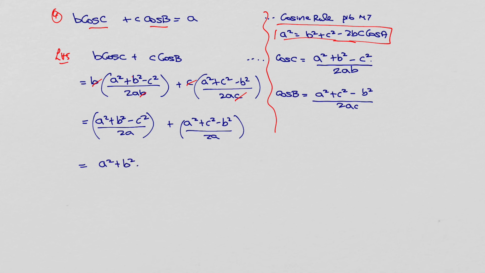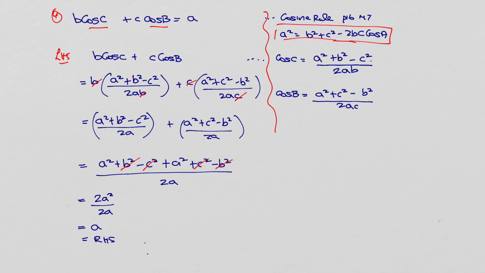So a squared plus b squared minus c squared plus a squared plus c squared minus b squared, all over 2a. Now on the top line I can see plus b squared and minus b squared, which is 0, minus c squared and plus c squared, which is 0. That leaves me with 2a squared divided by 2a. And of course 2 goes into 2 once, a goes into a squared a times, which is the right-hand side.